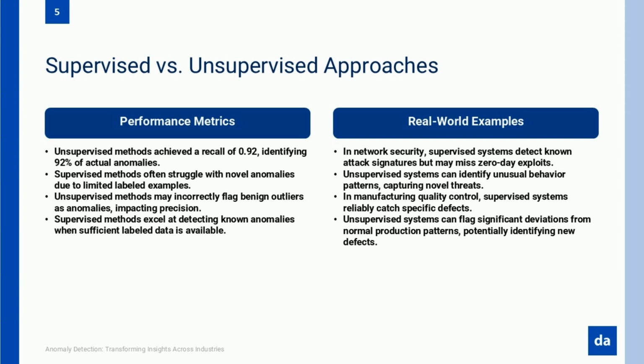Your choice of approach should also consider operational constraints beyond just detection performance. Computational resources, the need for model interpretability, and the ability to adapt to changing data patterns all influence which approach will succeed in your specific environment.